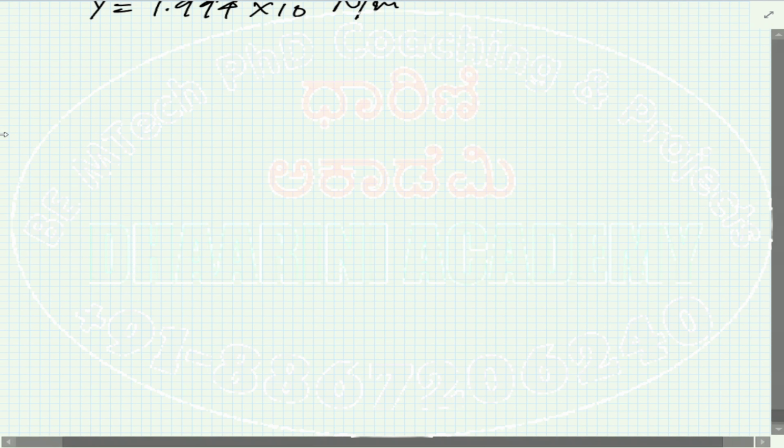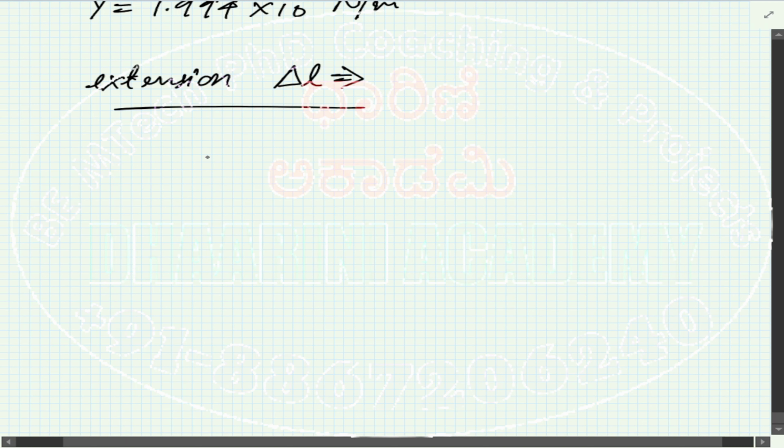So the first part is calculating the extension. The extension is denoted by delta L, which I need to calculate. They have told that the total height is 5.22, which means the length of the wire plus delta L plus 2 times the radius should equal 5.22. That's the maximum height that is possible.